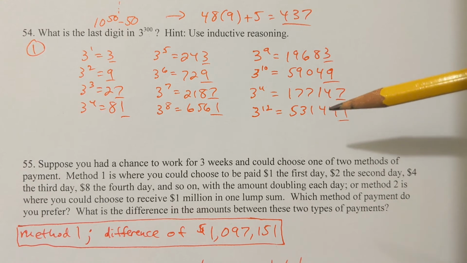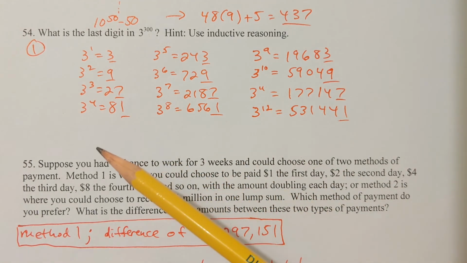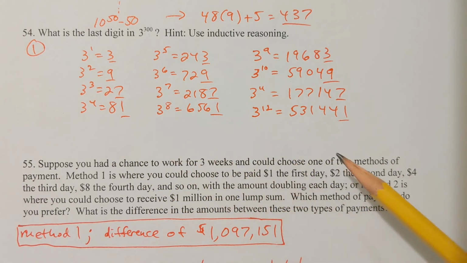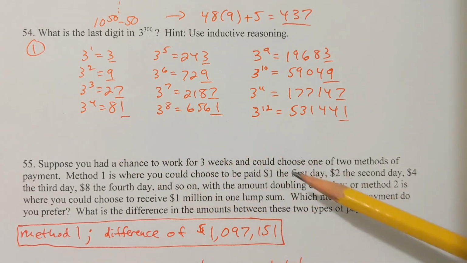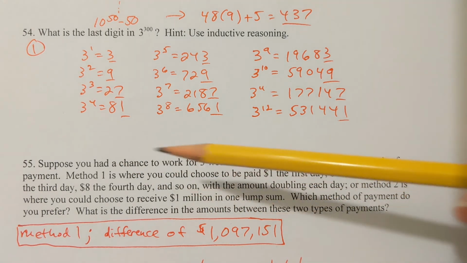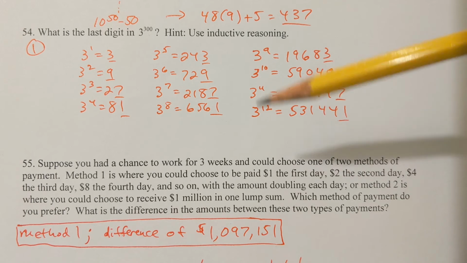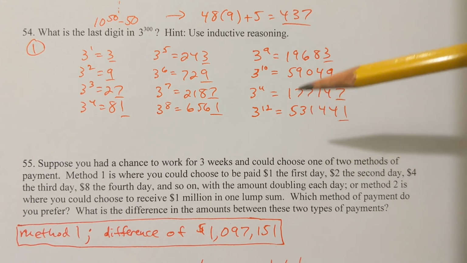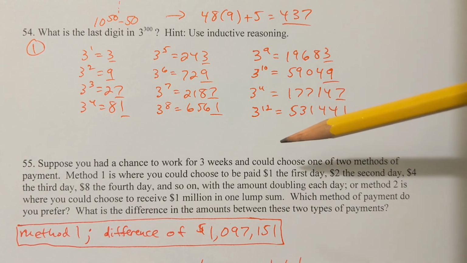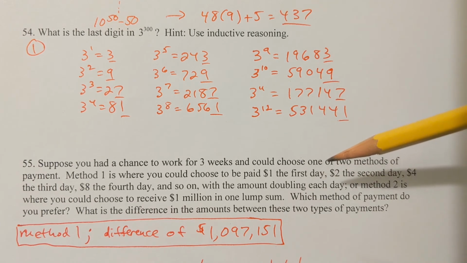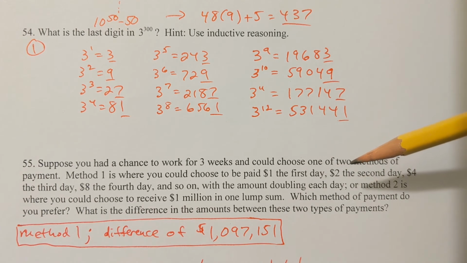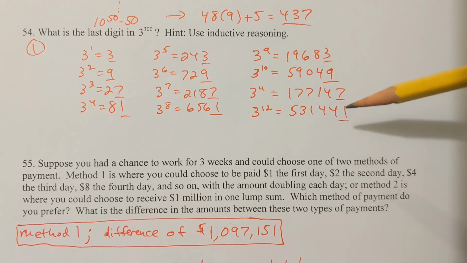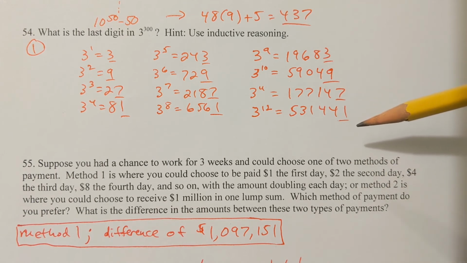Okay? Now, what if I make another row here of 4 columns in each row? Okay? 25 columns would give me, the very last number in the last group there would be 3 to the 200th power, which would be something that would end in a 1. Okay?